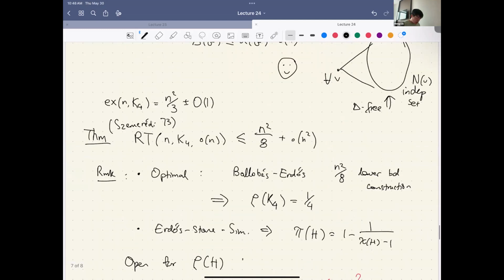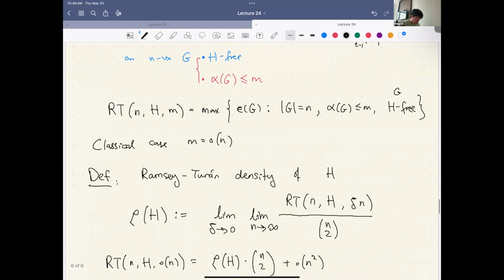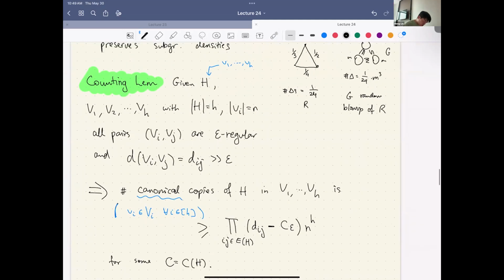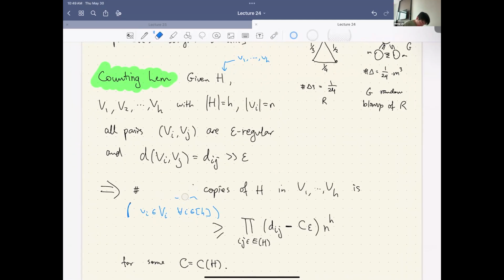So actually, let me make a remark here on the counting lemma. I want to make this version slightly like this.